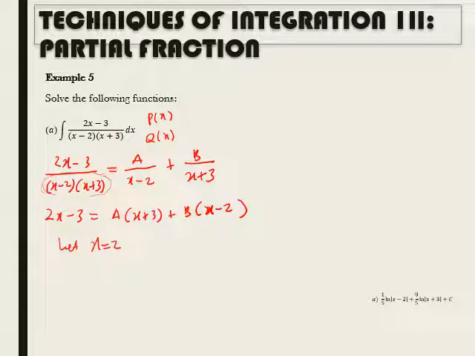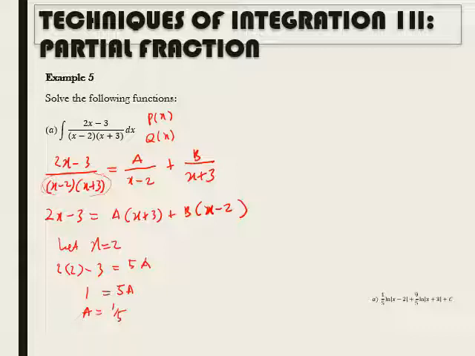We substitute x equals 2, so 2 times 2 minus 3 equals 5A, right? 4 minus 3 will be 1. So A equals 1 over 5.